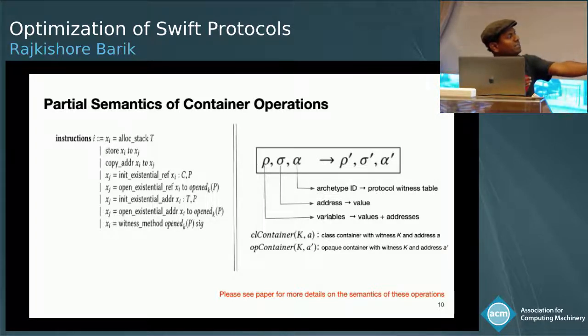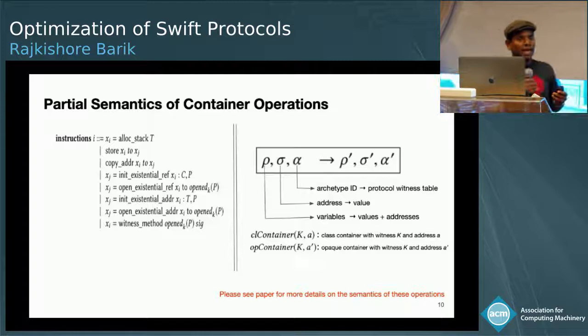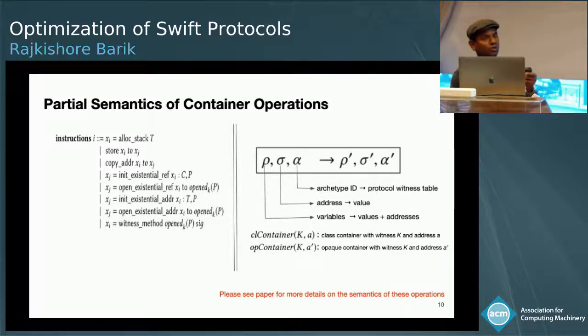Sigma is another mapping that is used for init existential addr, which has multi-step initialization at the SIL level. And alpha is used when you try to open an existential ref or addr: you have what SIL calls an archetype. Archetypes have static IDs associated with them, so that the compiler, when it looks at the witness method, is able to associate that ID to the protocol witness table to do a method lookup.